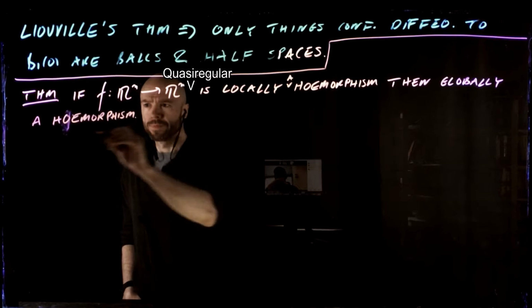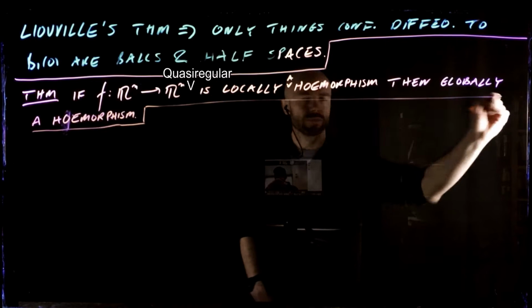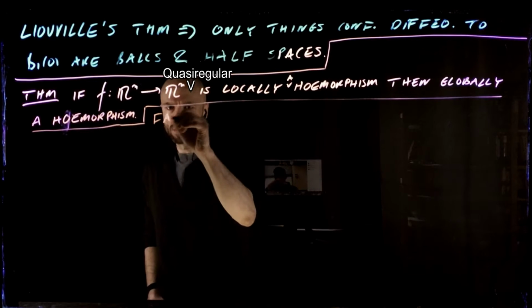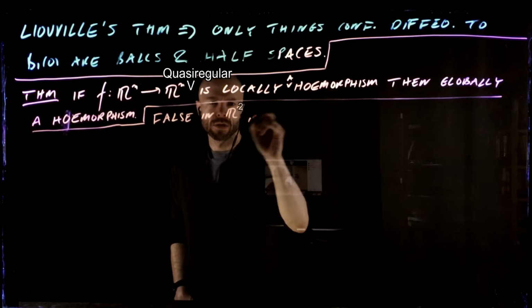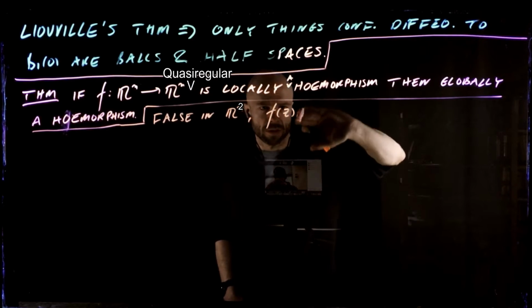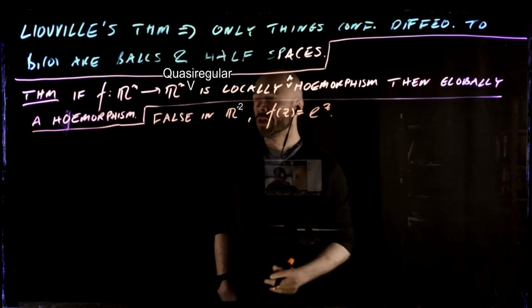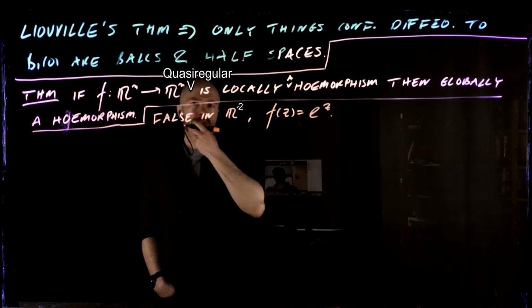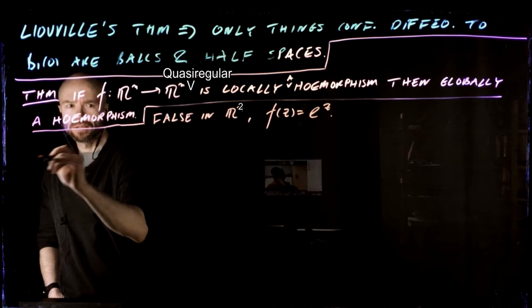So note, it is false in R^2, and a counterexample is just given by e to the z. So this is one instance of this. Another version of this is the following.